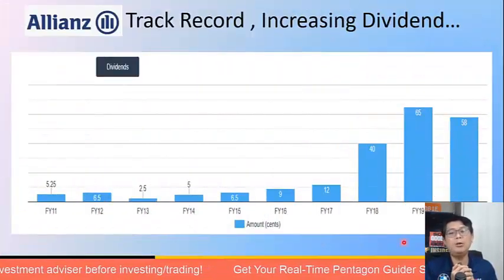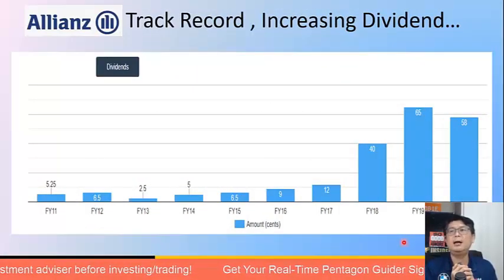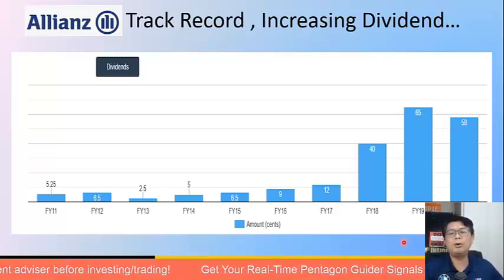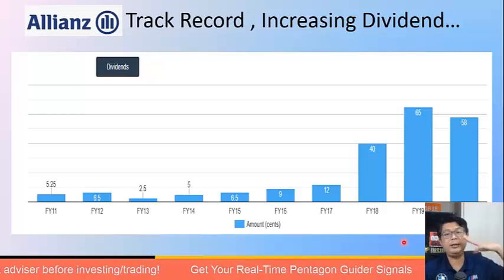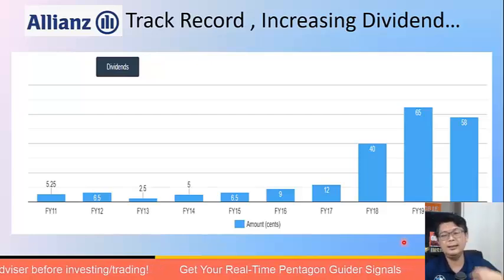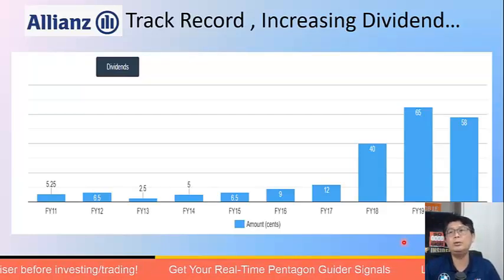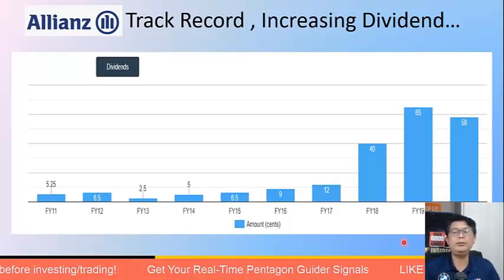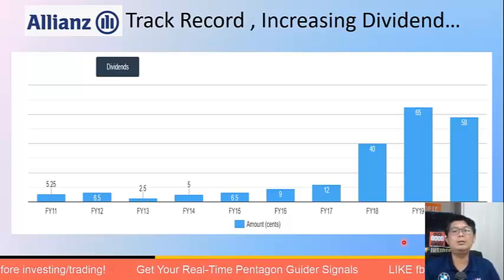All right, firstly, we have to look at the increasing dividend. Now for the 2020 year, which is this one up here, it's still short of the 65, but it is still increasing. But we all know year 2020 was a very challenging year. If year 2021 continues to increase its dividend, then it's back on the roadshow.